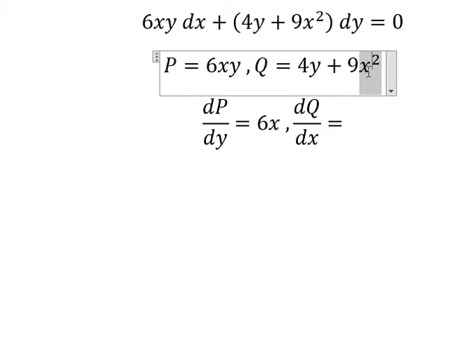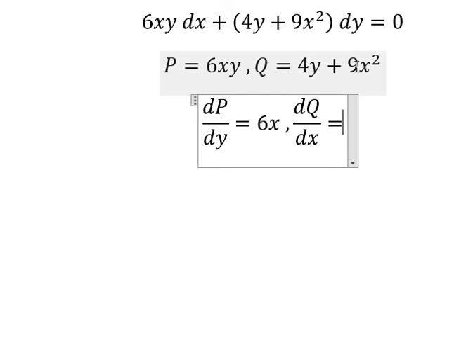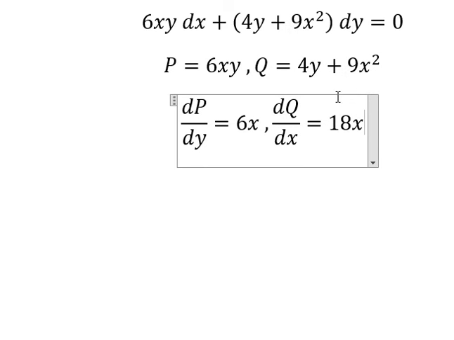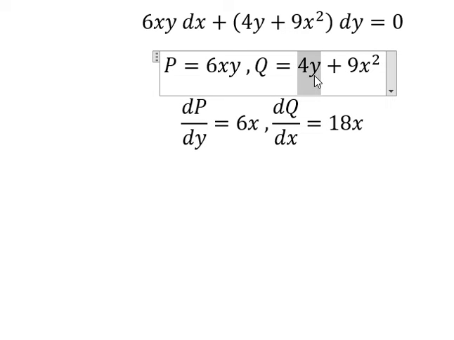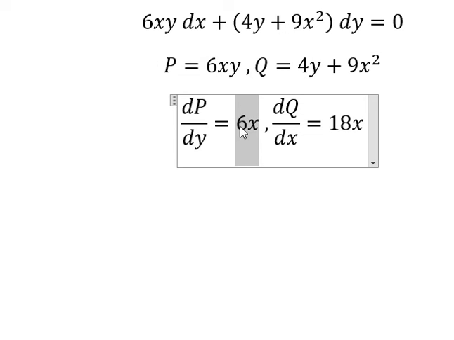So we have s squared in here. First derivative of s squared, we have 2s, number 9 and number 2, we have 18s. This one we don't have s, so if we do the first derivative of this one, you get 0. So we see that this one is not the same as this one.